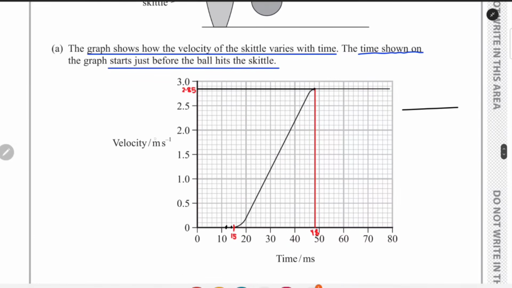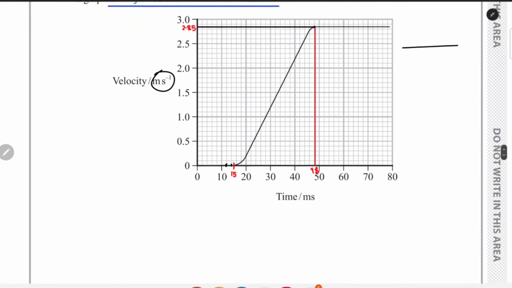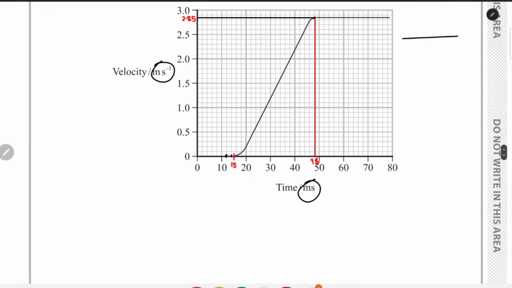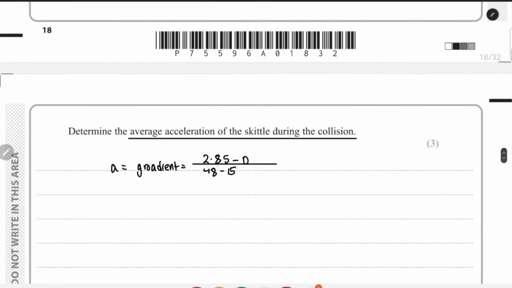Now in the y-axis the velocity is given in meters per second, however the time is given in milliseconds. So we'll have to convert that back to seconds by multiplying by 10 to the power minus 3. So we'll get a value of 86.4 meters per second squared for the acceleration.